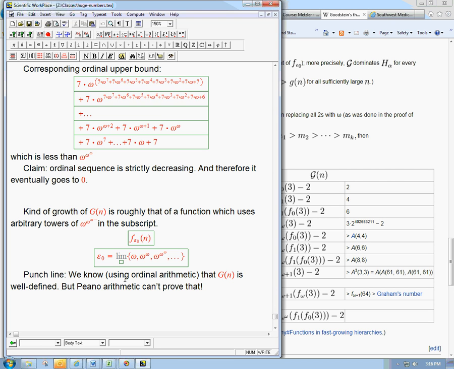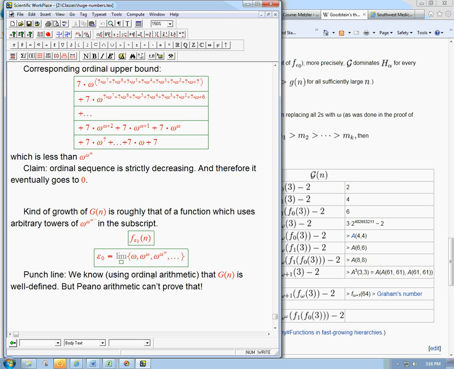Because it turns out, and this is not at all a trivial fact, that Peano arithmetic basically can't deal with functions that are of this order of growth. And even touching the proof of that is way beyond my expertise. But that's one of the features of this story.